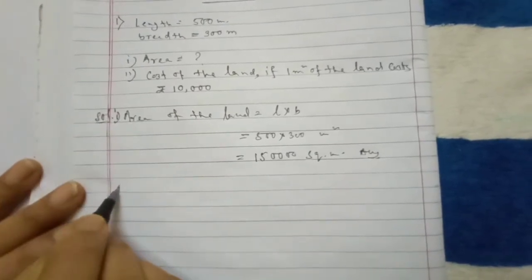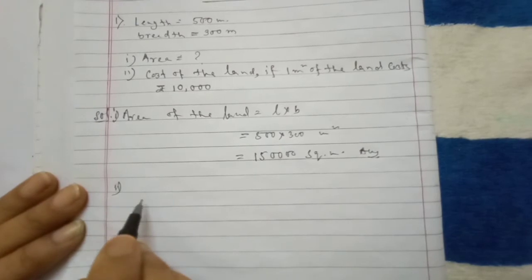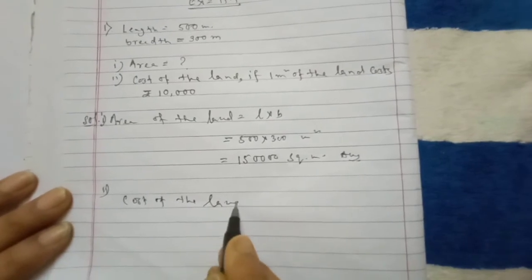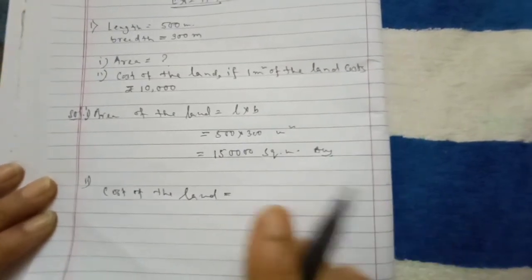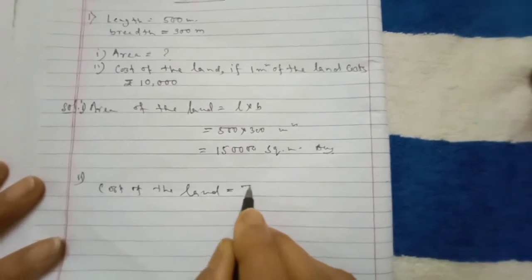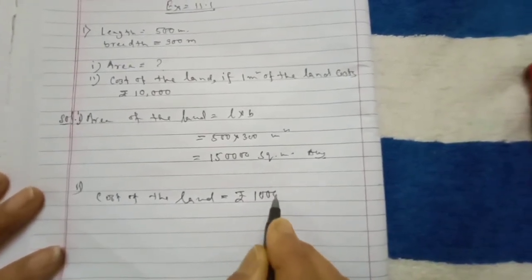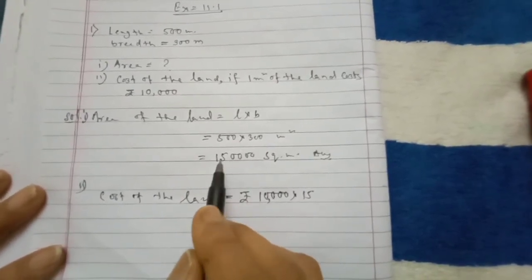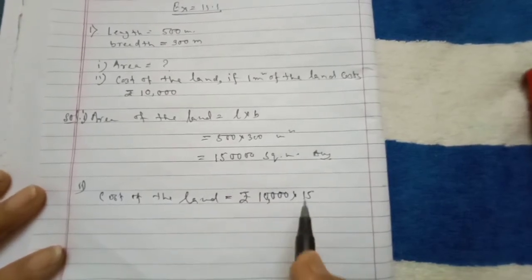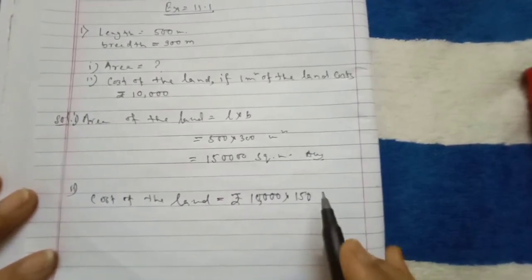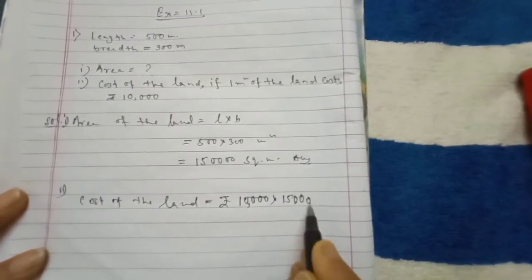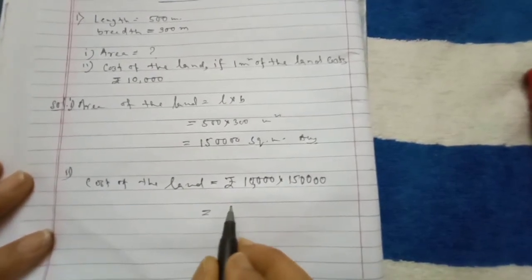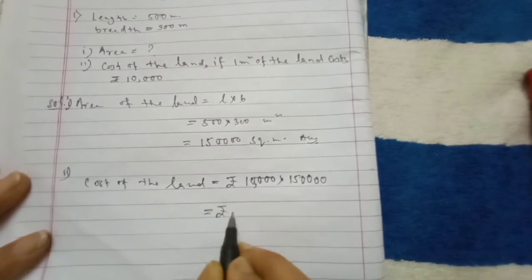Now number 2, cost of the land. Cost of the land at the rate of 10,000 per meter square is rupees 10,000 into 15 and the zeros.